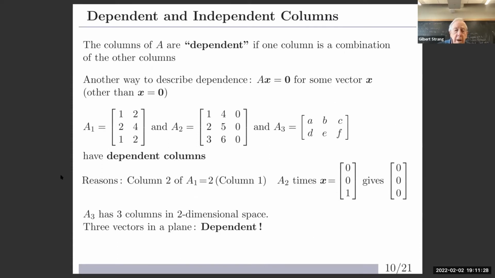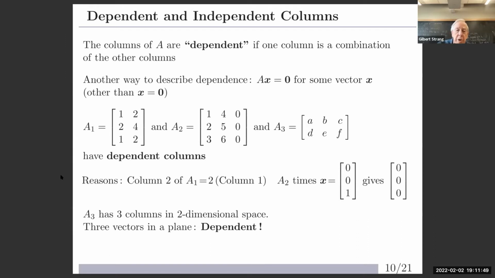Well, we've understood this. This is dependence. All those examples have dependent columns. The first, you see why. In A1, column 2 is just 2 times column 1. And A2 has a column of 0.